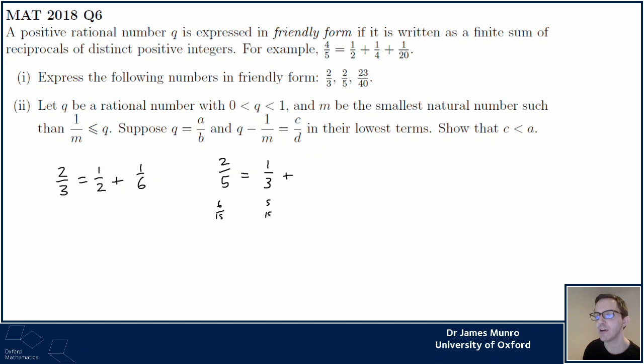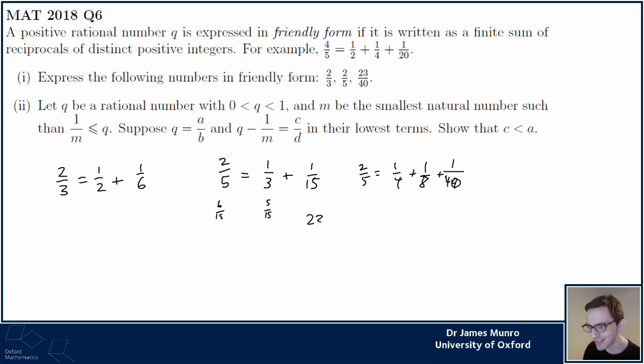This is 5/15ths. So my leftover is going to be 1/15th. Okay, fantastic. I've spotted 2/5 is 1/2 of 4/5. So I could take the expression they've given us and divide it by 2. 1/4 plus 1/8 plus 1/40th. Should have thought of that quicker because then I wouldn't have had to do any work.